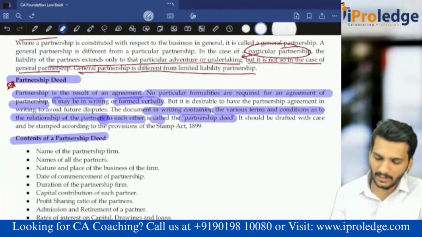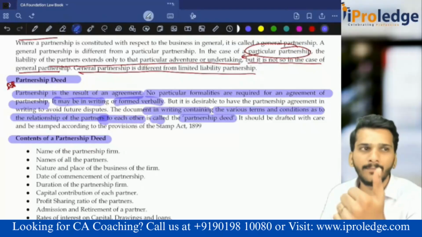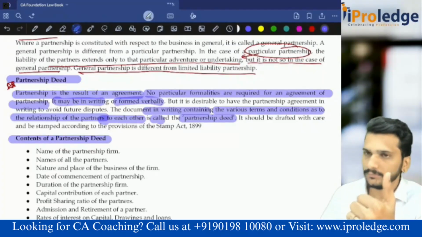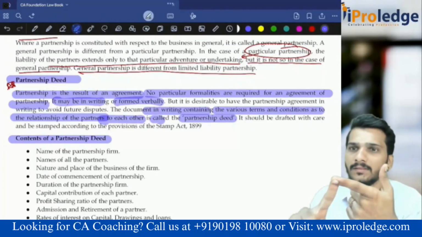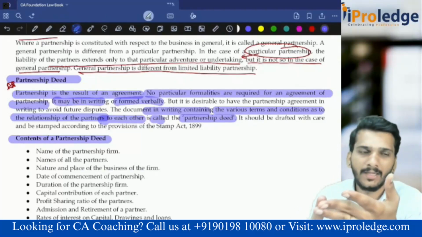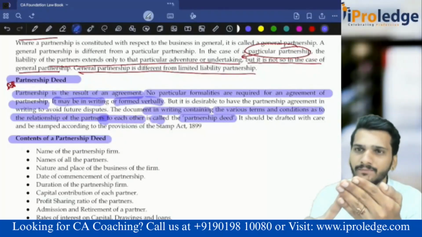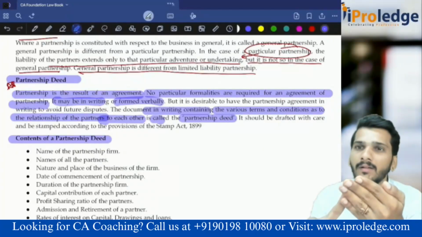What are the contents of a partnership deed? You tell me in general. Don't look at this. Name of the firm should be there. Name of the partners. Address of the partnership firm. Liability is always unlimited. Agreement to share the profits. Commission.